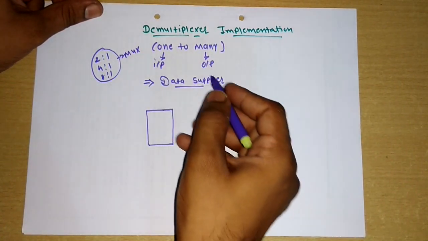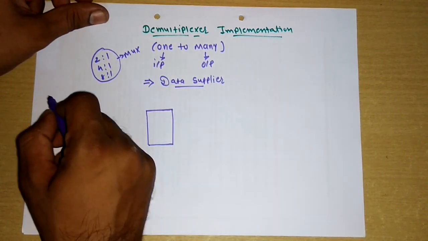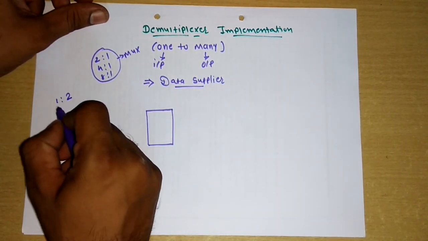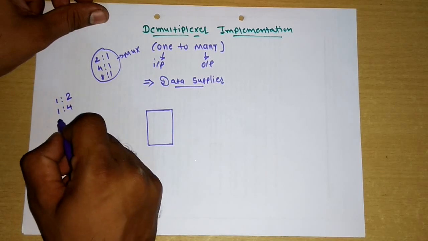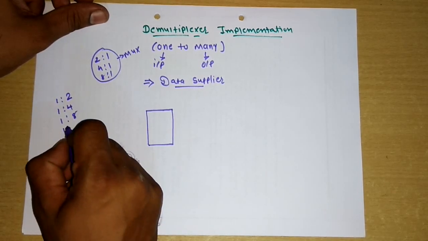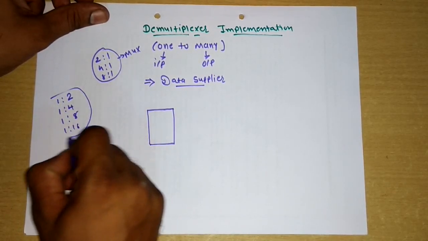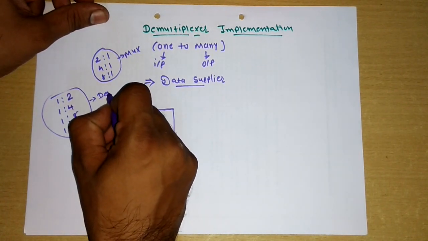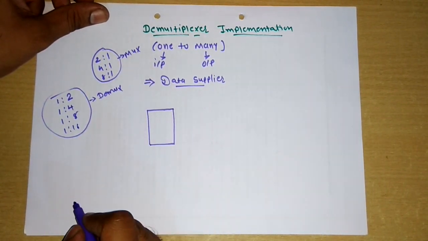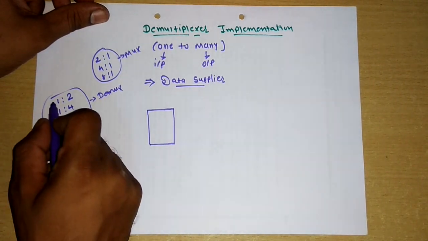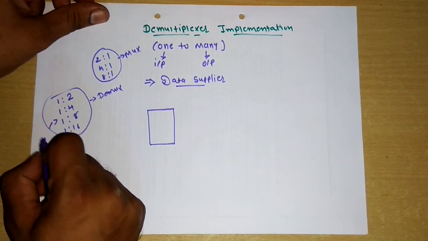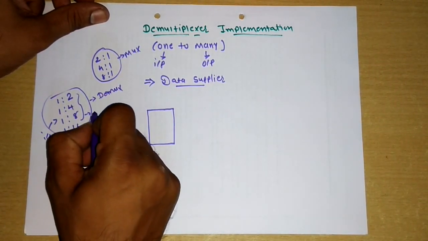But when we are talking about the demultiplexer, it follows the reverse process, like 1 to 2, 1 to 4, 1 to 8, 1 to 16 demultiplexer. Right, so this type of pattern is followed in the demultiplexer. Here one is the number of inputs and these are the number of outputs.